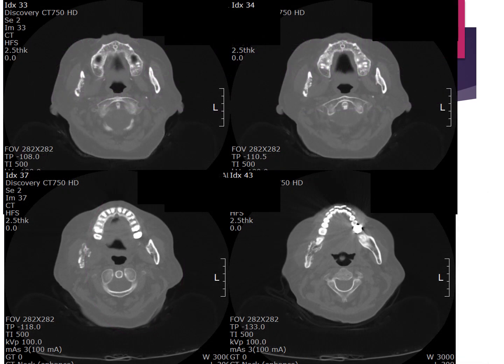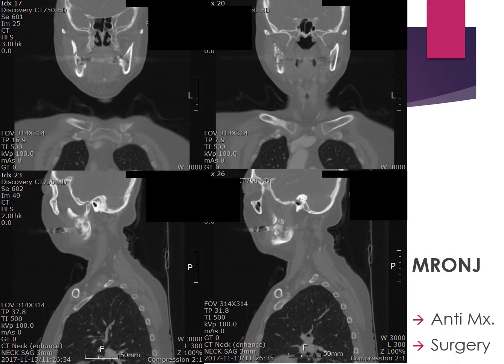There are CT images. You can see the moss-eaten appearance like that, mixed necrotic bone, and discontinuity of the bone. So, she was diagnosed with MRONJ, prescribed antibiotics, and underwent surgical intervention.